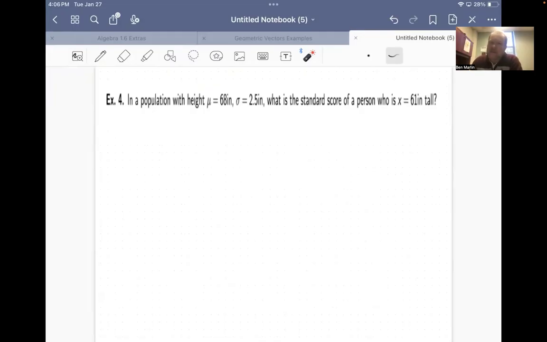So this asks us to figure out what is the standard score of a person who is 61 inches tall. All we mean by standard score is what you may have heard elsewhere referred to as a z-score.